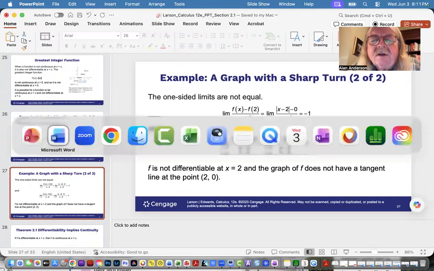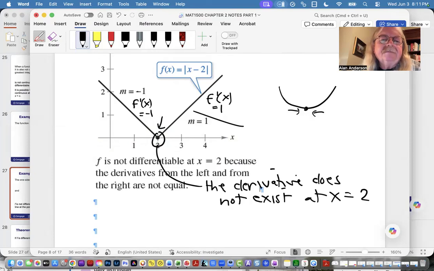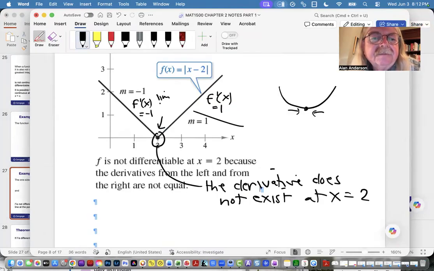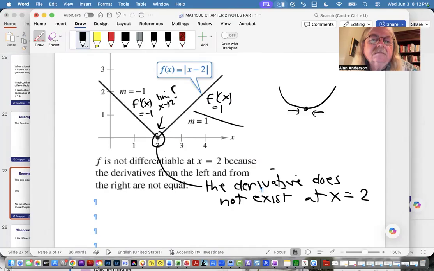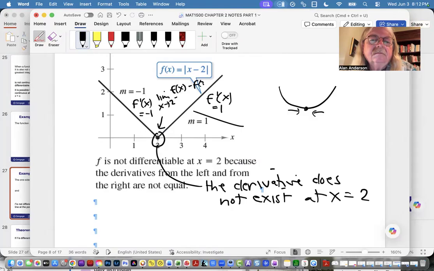The derivatives are different: the limit from the left is -1, which remember is the slope of the tangent line, and on this side of the fence, it's +1.